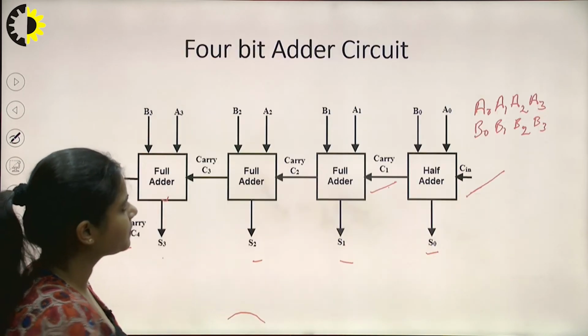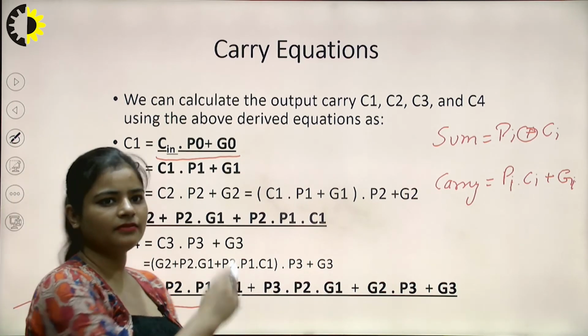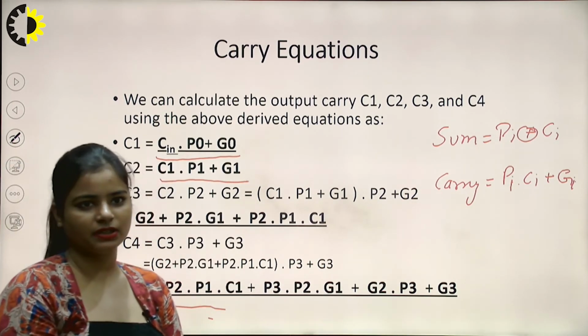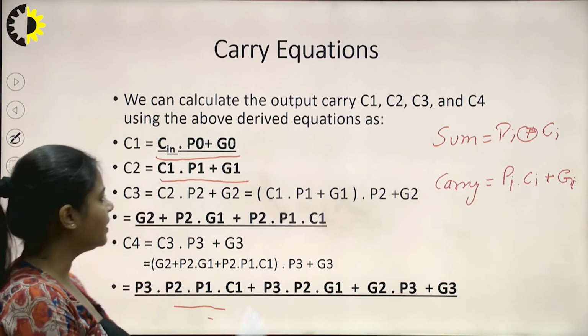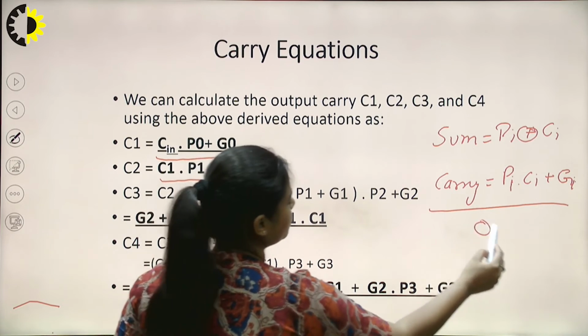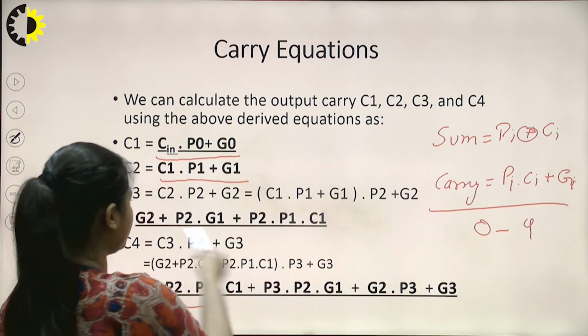Again, for this C2, we can have C1 dot P1 plus G1. Again, we are putting the values in this particular equation from 0 to 4, and we can have all the carry values.